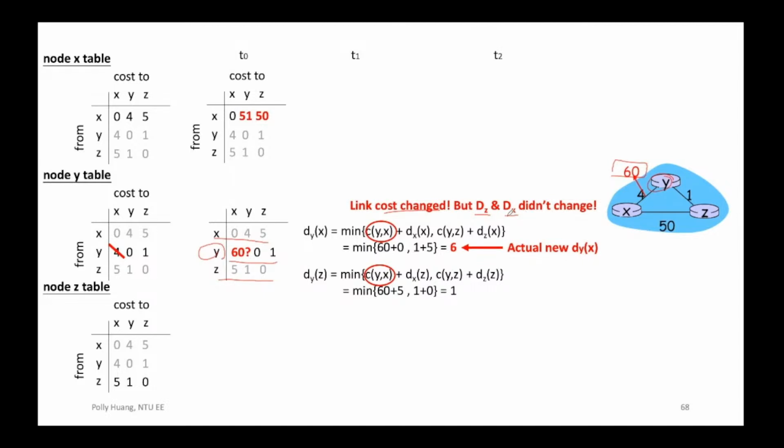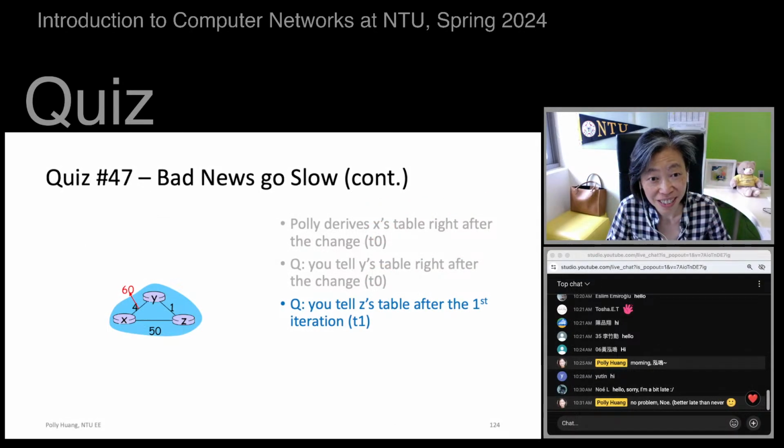So y is going to be using the old dz and old dx. Therefore, the old dz is telling y the shortest distance from z to x is 5 here. So in the short term, y is under the false impression that this is the best route. Y sends to z, and z will somehow know a way. The cost is only 5 to x. All right, so that was to show y at t0.